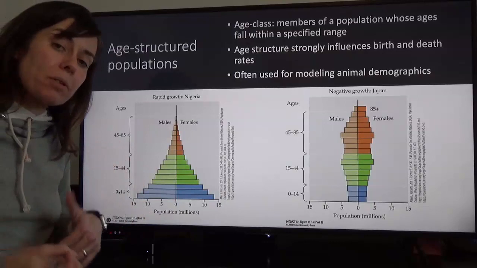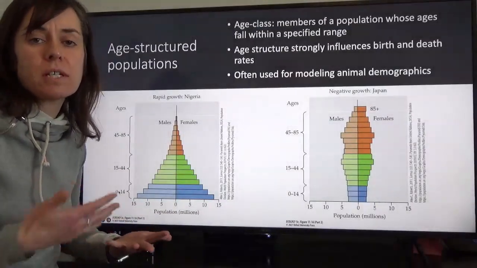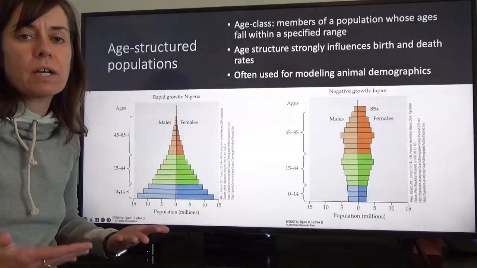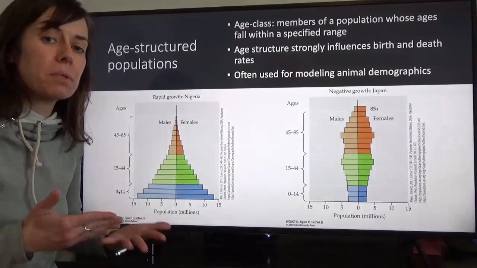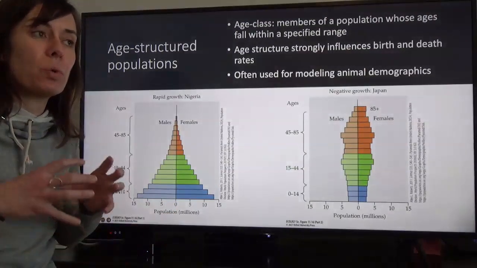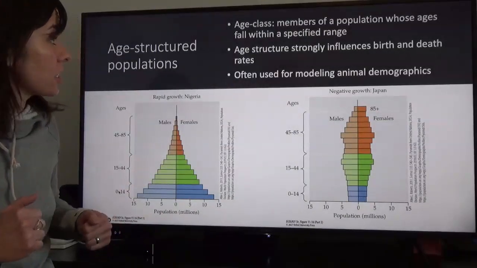In stage-structured populations, you have organisms where the age is difficult to discern, or where stages are just more appropriate to characterize, or where transition from one stage to the next is not associated with age, and so it's more relevant to characterize the transitions between stages rather than ages, okay?